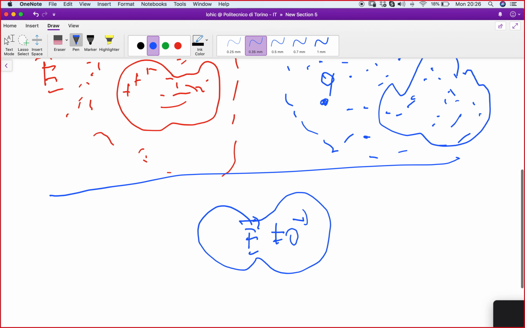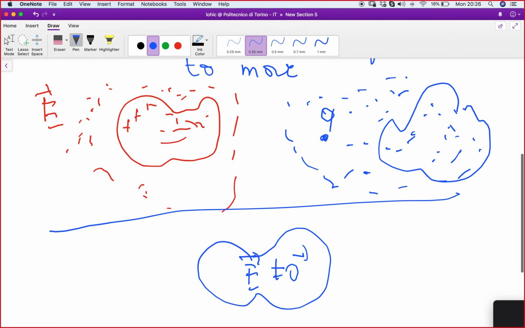As this is the conductor, if there was a field inside, the charges of the conductor, as they are free to move, would be moving.